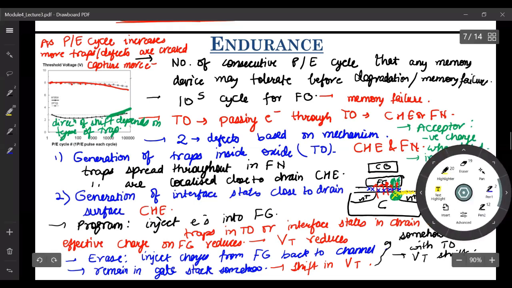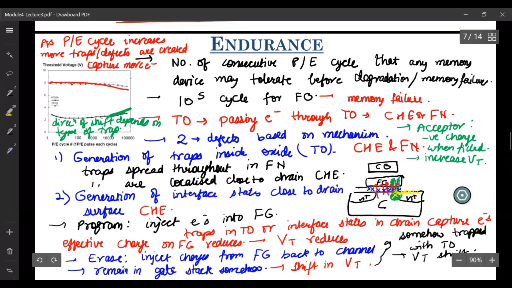So here what you observe is, due to your interface states and defects or traps, your program VT is reducing. And if you have a lot of acceptor traps capturing electrons from your floating gate and not allowing them to go to your channel, your erase VT is increasing.